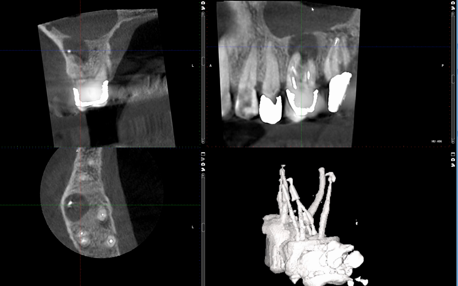So this mucositis is most likely related to this periapical infection. That would be my guess, given the proximity and how it has caused the perforation of the sinus floor. I would expect this to have caused inflammation of the sinus lining.